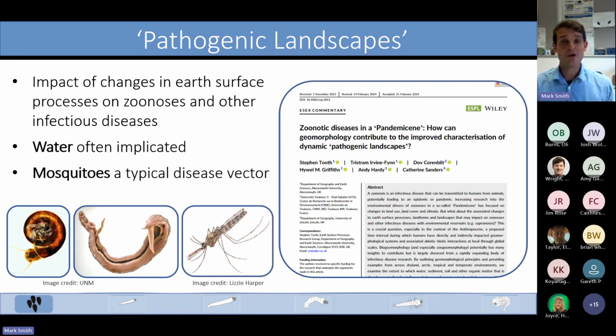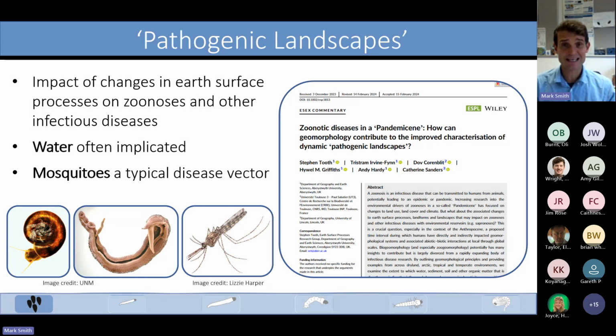But by far and away, the biggest contributor to these things is this little critter in the middle there, the mosquito.